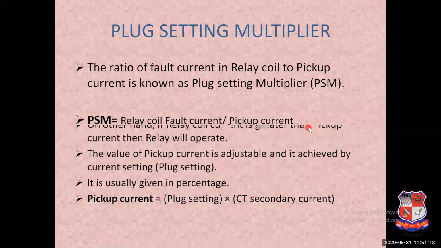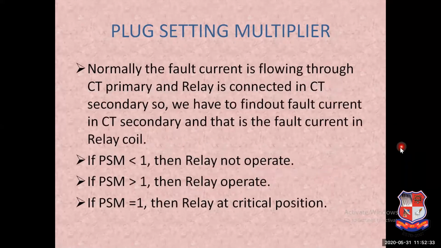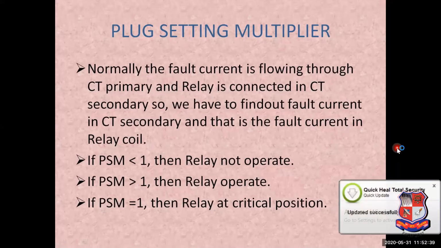Okay, so what is plug setting multiplier? It is the ratio of fault current in relay coil to pickup current. Again, as we know, pickup current is equal to plug setting into CT secondary current. So PSM is equal to relay coil fault current divided by plug setting into CT secondary current. Normally, the fault current is flowing through the CT primary and the relay is connected in the CT secondary.